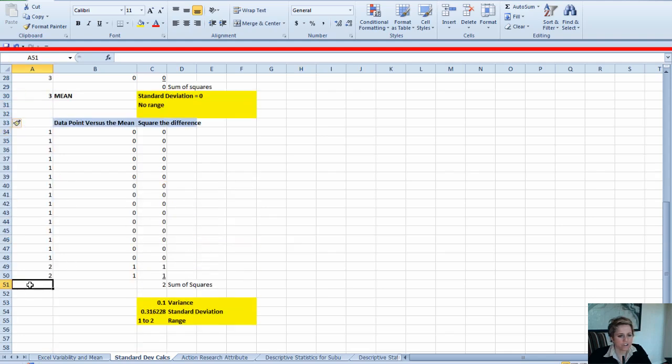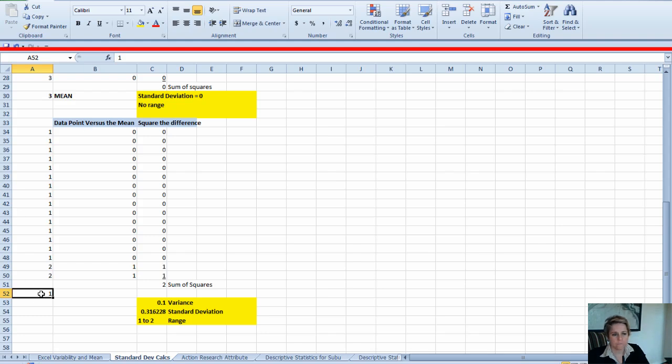The average is whatever it's going to be, 1.1. If we took each data point versus the mean, the mean we'll say is 1.1, or, excuse me, let's say it's 1. That's how I did it in this case. It is a little bit higher than that, but let's say for the sake of it, it's 1. So in this case, because the standard deviation is very little, I'm simplifying it.